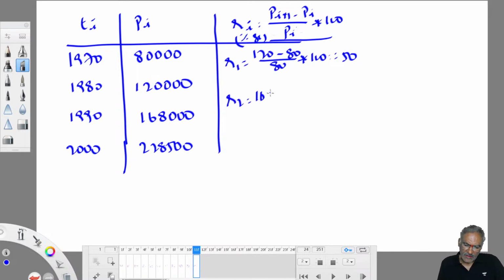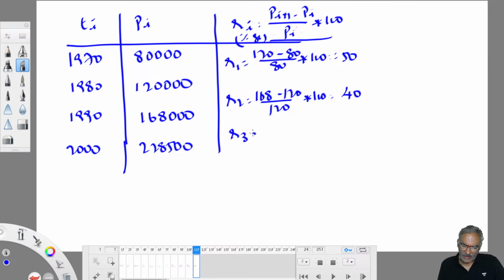R2: 168 minus 120 by 120 into 100. So now it is 40%.